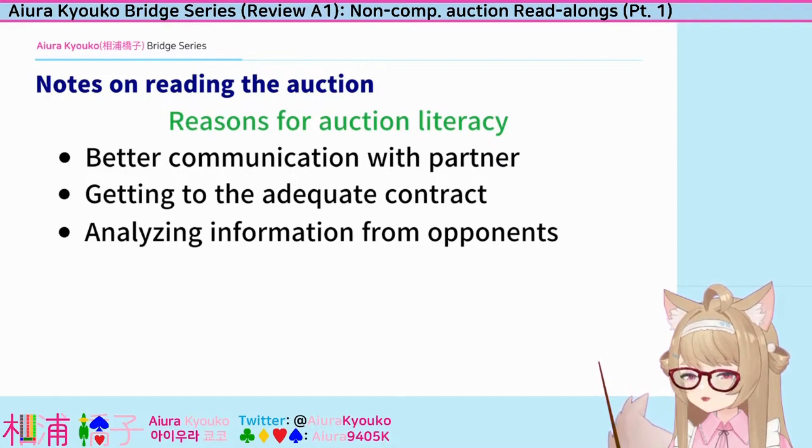Also, you need to analyze the information from your opponents, even if you're not the one who's bidding, and just pass just because you don't have anything yet to overbid, which we will learn much later, from overcalls to cue bids and much more.